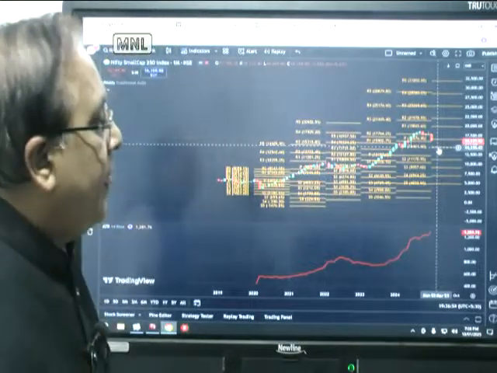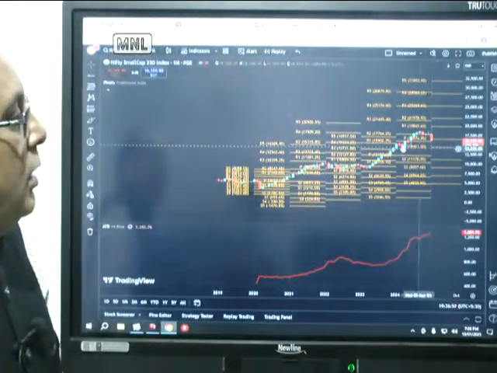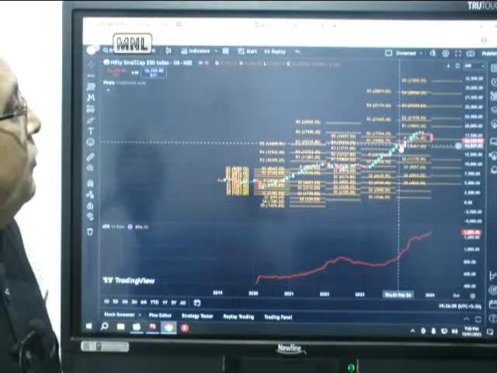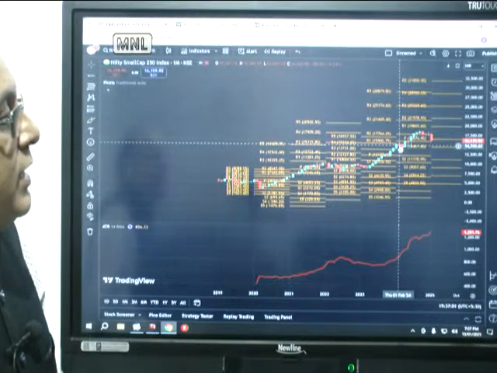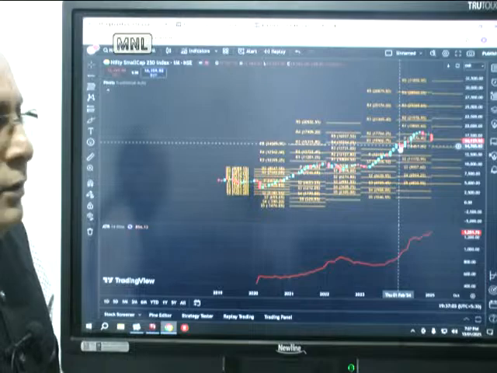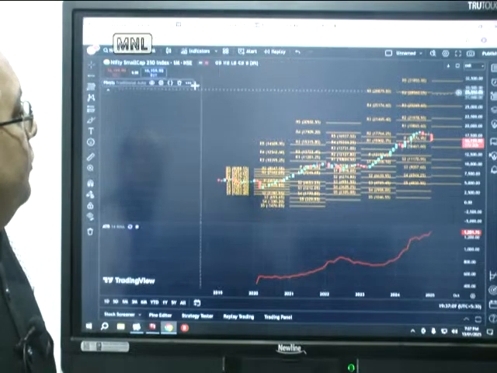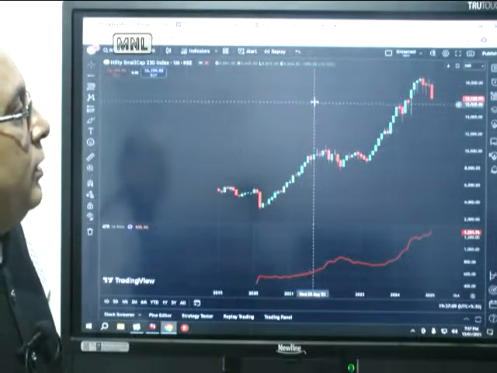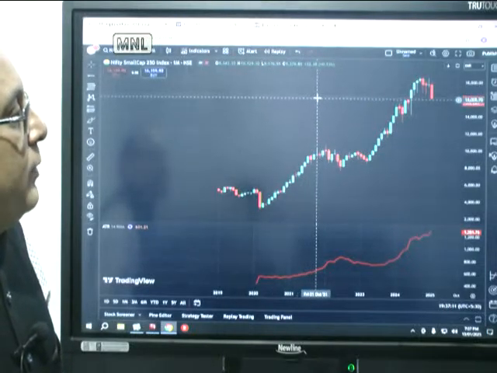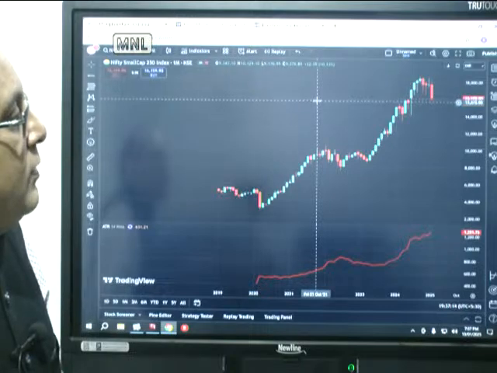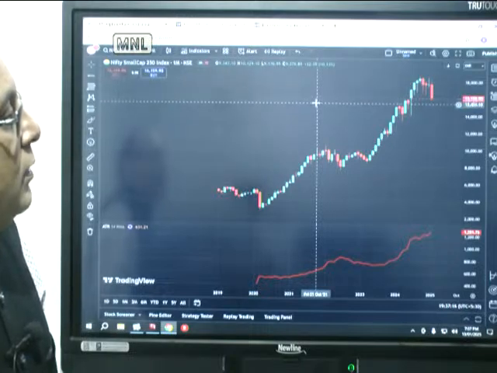And this particular high, let us say 15,489, could also be important. I'll just remove this. So this particular level is the first support we are expecting here, failing which probably we could see this particular level.